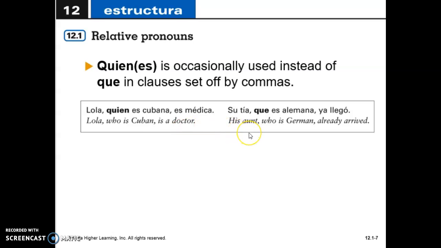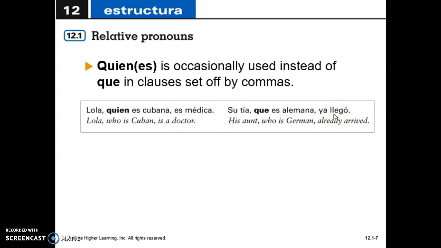And then if we look at the second one, it says, su tía, que es alemana, ya llegó. So if you look at both of those, if we remove the information that goes between the commas, it is still understandable. Okay, we can say Lola es médica or su tía ya llegó.